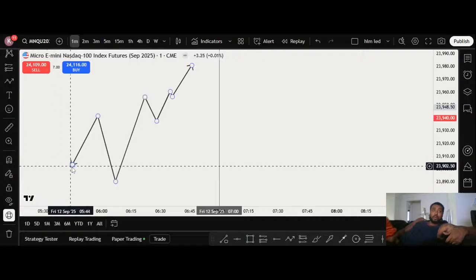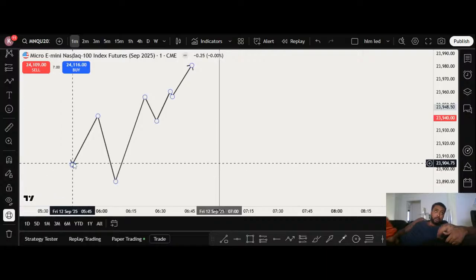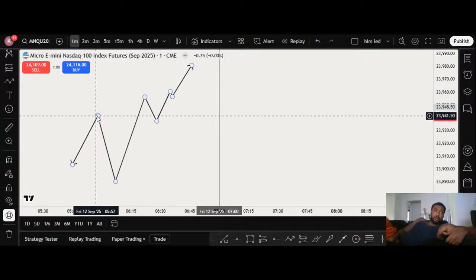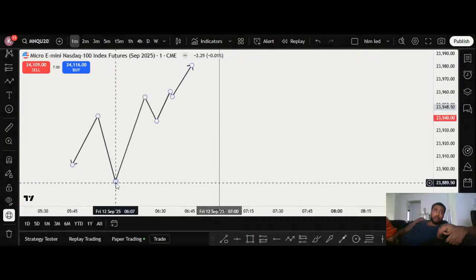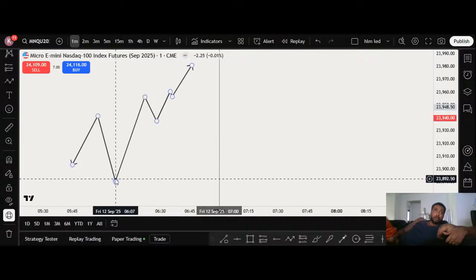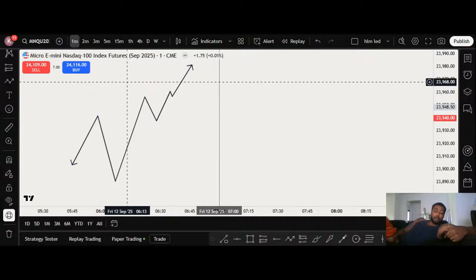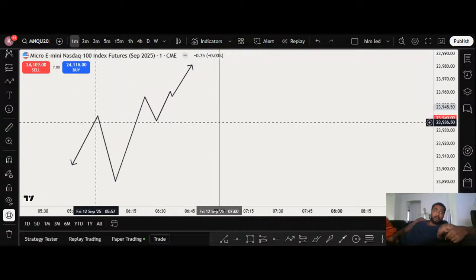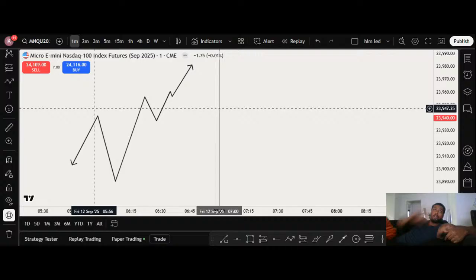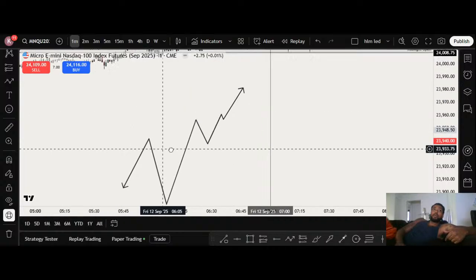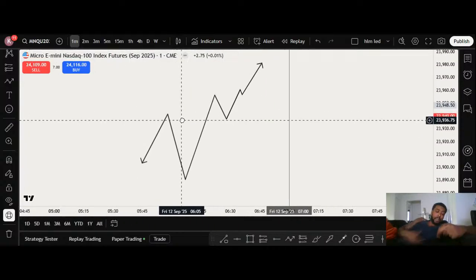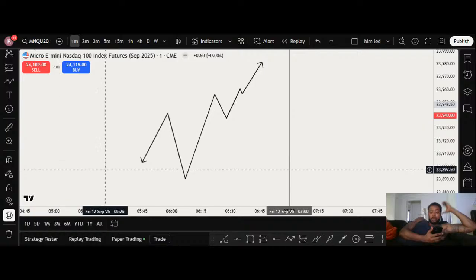So it's always gonna be a low, a high, a lower low, and a higher high. Right? Now, what you should have in this leg right here.